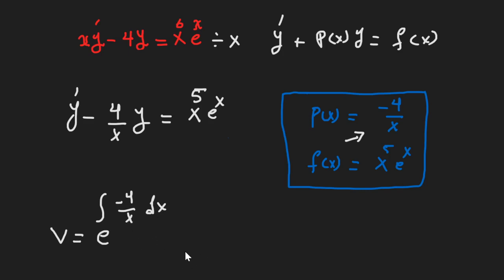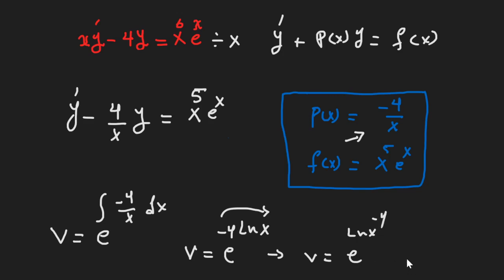You will get v equals e to the minus 4 ln x, and you can move this 4 to this side, so v equals e to the power ln x to the minus 4, and basically this is equal to x to the minus 4, because e will cancel ln.